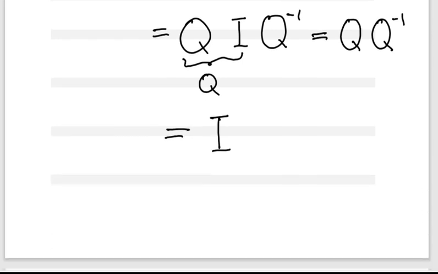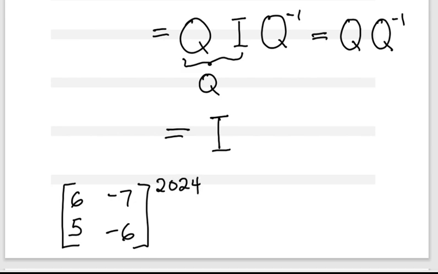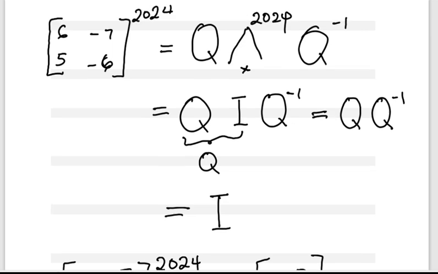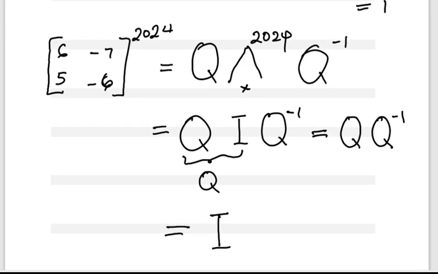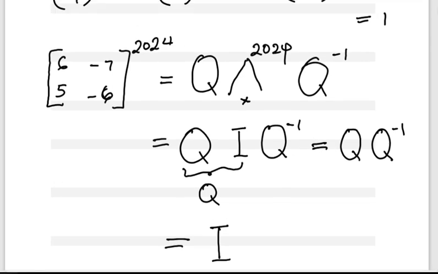So the matrix 6, 5, negative 7, negative 6 to the power of 2024 is simply 1, 0, 0, 1. And that is the solution. We need not find the eigenvectors and their inverse.